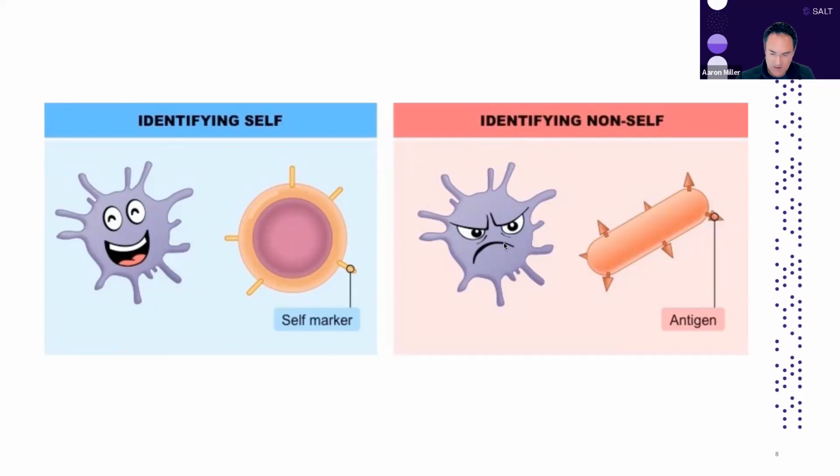And one analogy you can think of is a false positive in our work, right? It looks like a threat, but you realize it's actually non-threatening traffic that just looks a little bit different. So this whole mechanism of recognizing self from non-self inside the body is very, very critical.